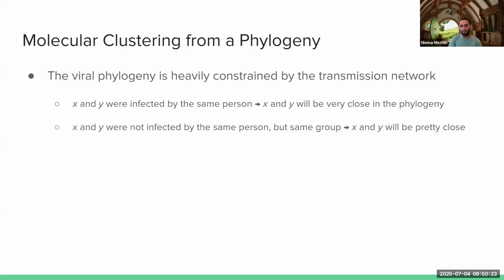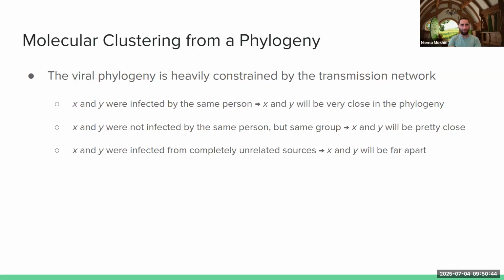Versus if X and Y were not infected from the same person, but they're still closely related in the same transmission group, they're not going to be right next to each other on the evolutionary tree, but they're still going to be pretty close together. So if I have the whole global COVID-19 evolutionary tree, these two people are going to be in the same general subtree, not right next to each other, but pretty close together.